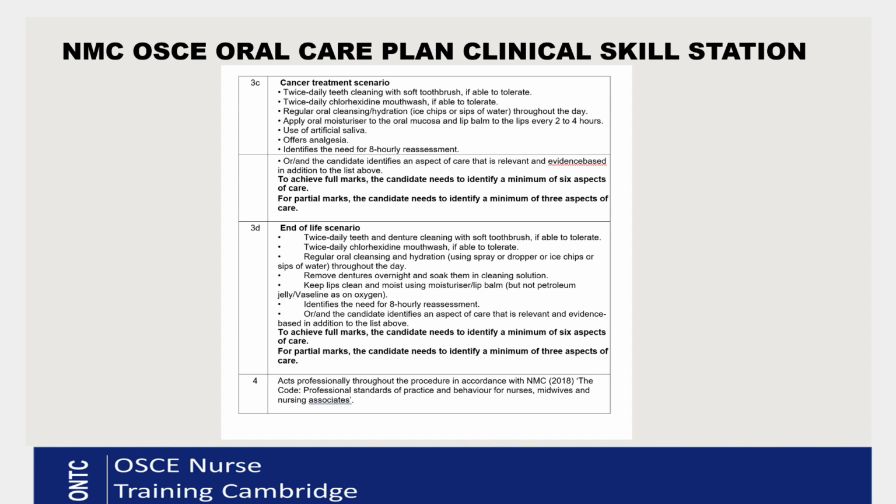So you already know the answers; you just need to adapt them to your scenario on the day and write the correct ones. You can go ahead and read this marking criteria, which is on your screen now. Let's go back to our scenario and the oral health assessment tool now.